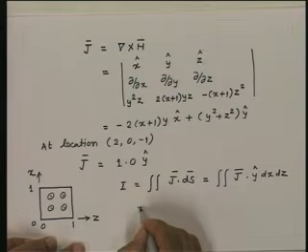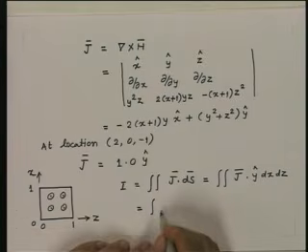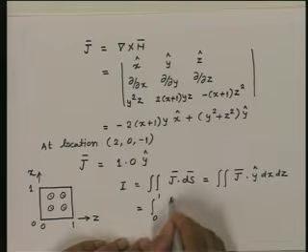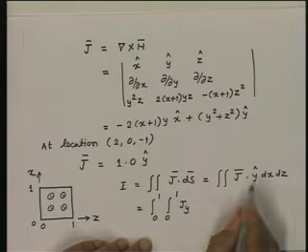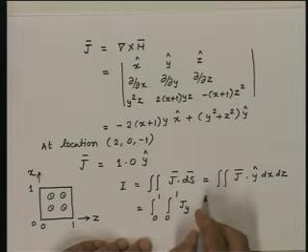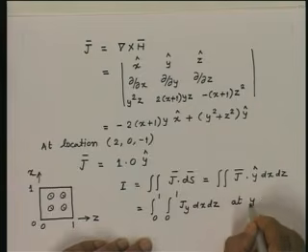Substituting the limits, x goes from 0 to 1, z goes from 0 to 1, and only Jy remains, because the dot product of J and y cap is Jy, dx dz at y equal to 1.